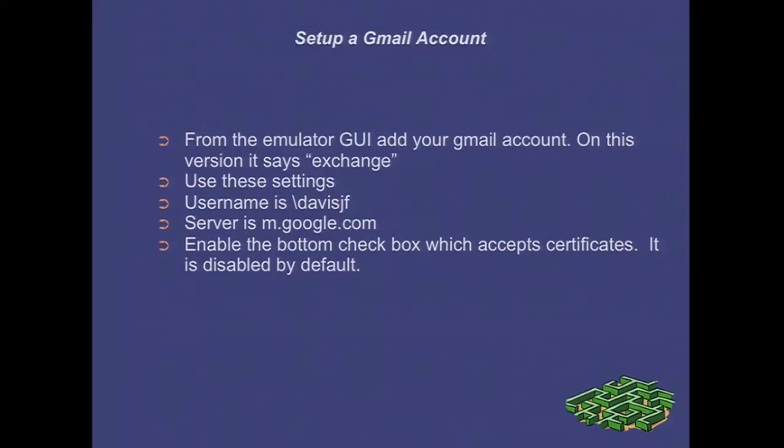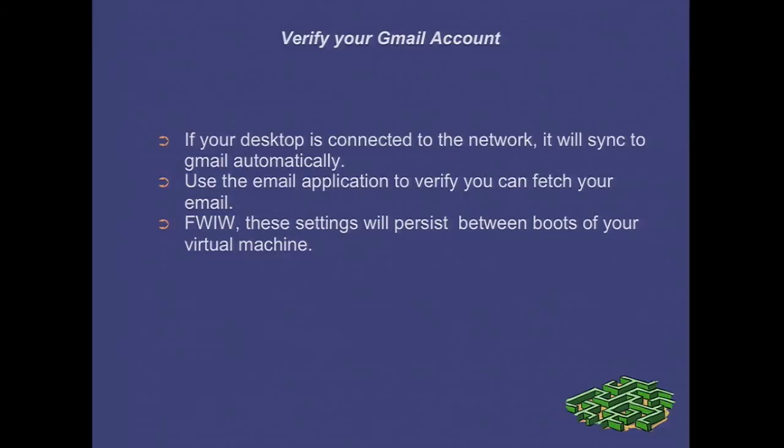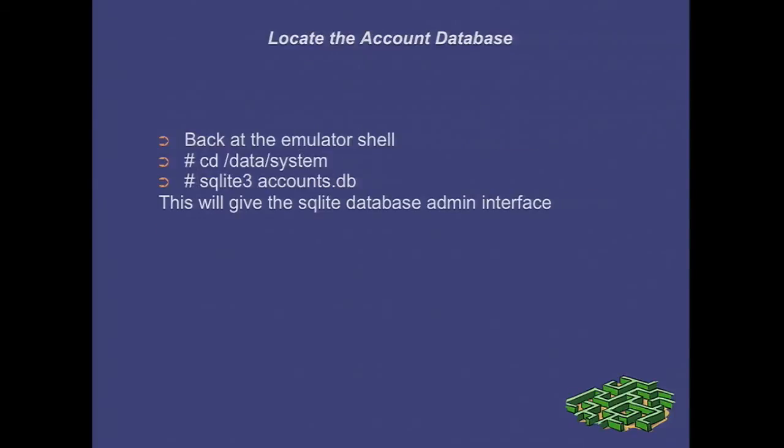You do this, your virtual device can go out and get your email. It'll sync automatically, but you want to just open up the email application from the launcher, make sure it's there. What's interesting is these settings persist during boot. Your virtual machine behaves just like you're powering it down.